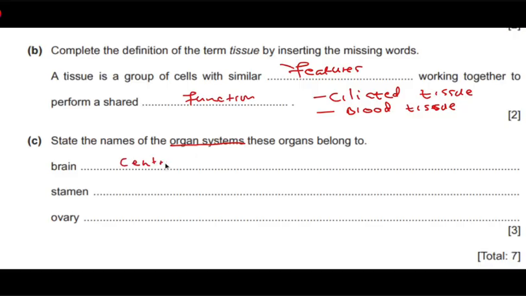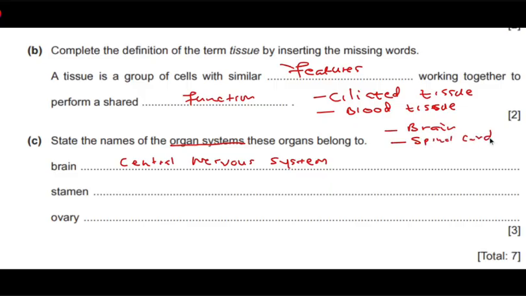So let me just explain why this one is considered to be part of the central nervous system. You and I know that the central nervous system is made up of the brain. Apart from the brain, it is also made up of the spinal cord.